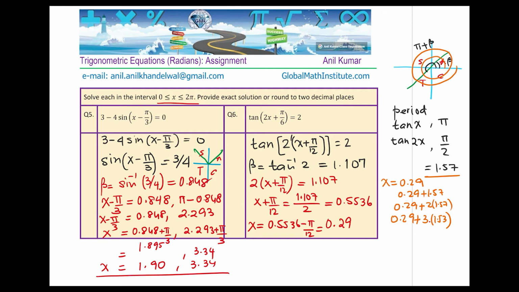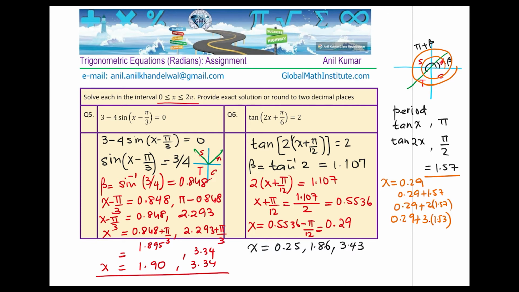So we can write down all the solutions from here. We have x equals 0.29 as the first one. The second, we'll add 1.57 to it, and keep on adding 1.57. That's the whole idea, right? So 1.86. Then again add 1.57, so you get 3.43.